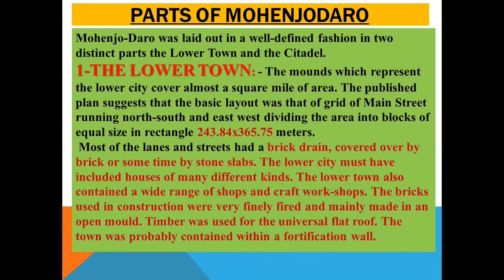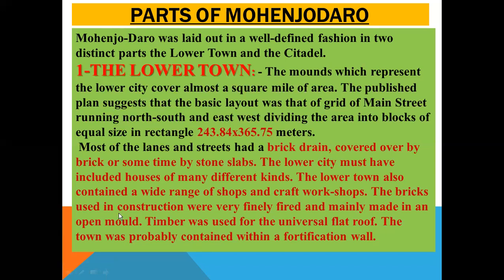Dear students, most of the lanes and streets had a brick drain covered over by brick or sometimes by stone slabs, and the lanes were paved. The lower city must have included houses of many different kinds. The lower town also contained a wide range of shops and craftspeople.